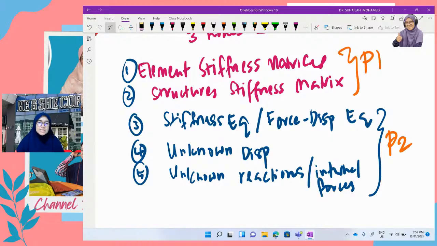From previous results, not only last semester, this is the trend every semester, where students score better for this topic compared to the flexibility method. But most importantly, the first part of the analysis, where you need to establish the right structure stiffness matrix. So I think that's all for this introduction.